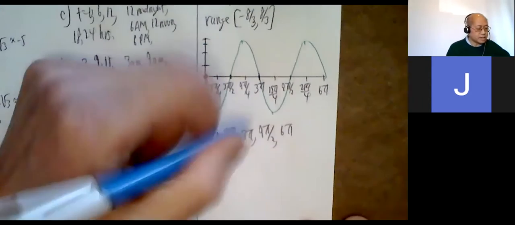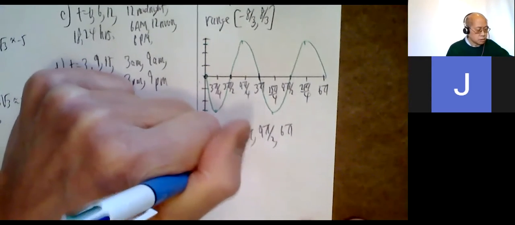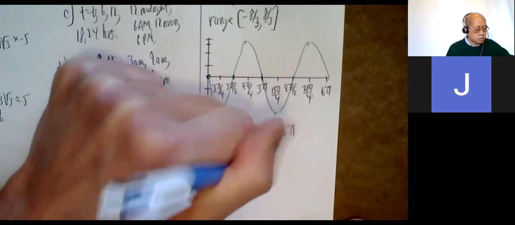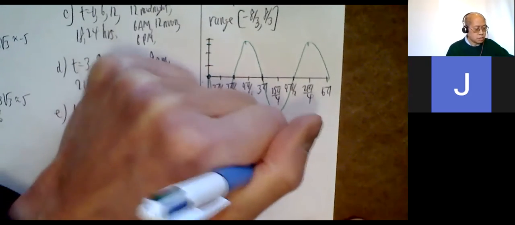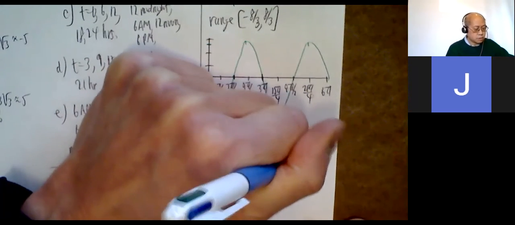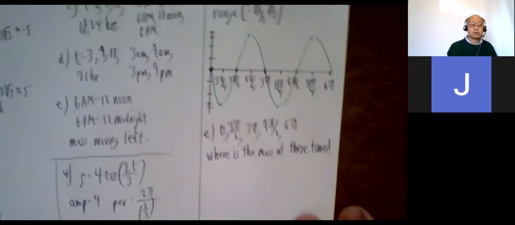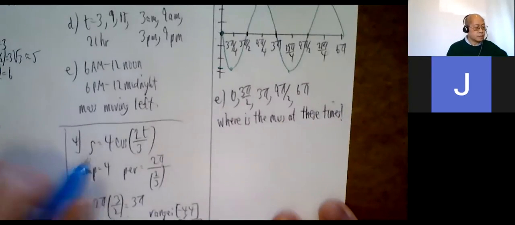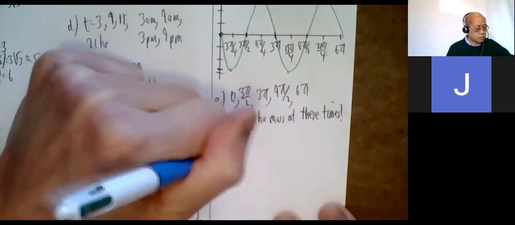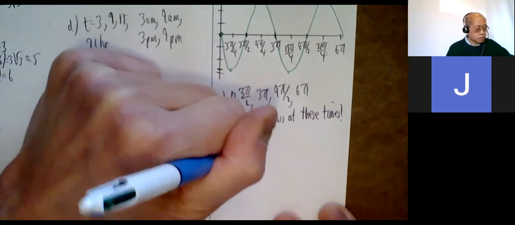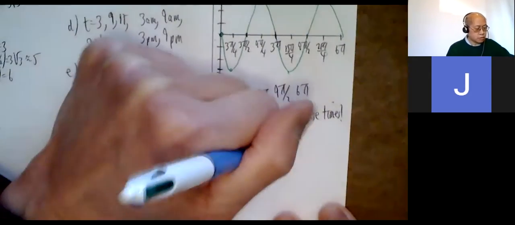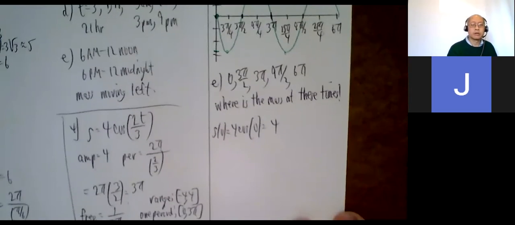Now it says, where is the mass at these times? So I plug in. S of 0 is 4 cosine of 0, which is 4.